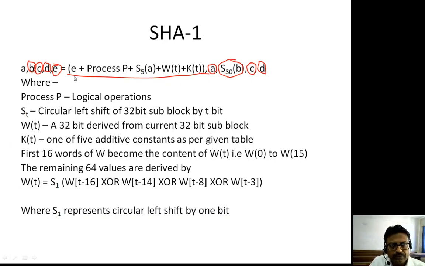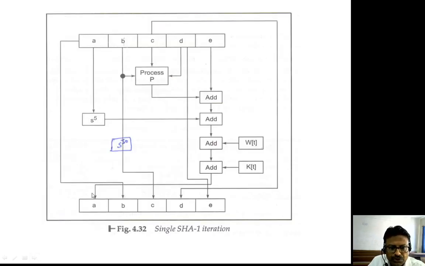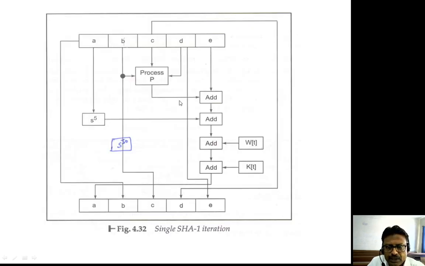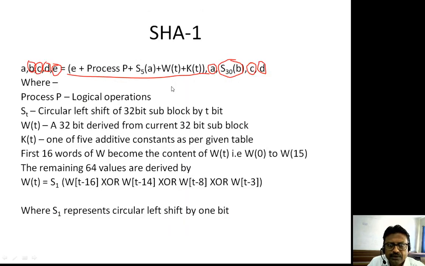So let us find out how this new value of A is coming. The new value of A is obtained by first adding E with process P. Process P means the function of B, C, D. So E plus process P. Then add S5A, which is shifting A 5 bits left.